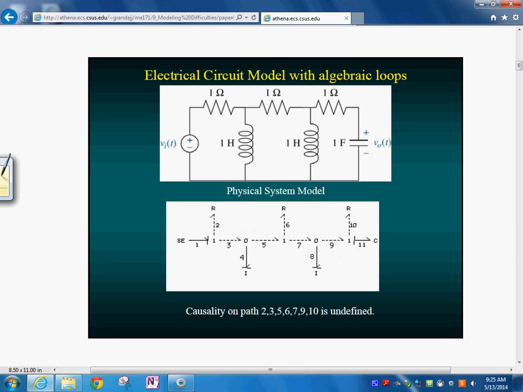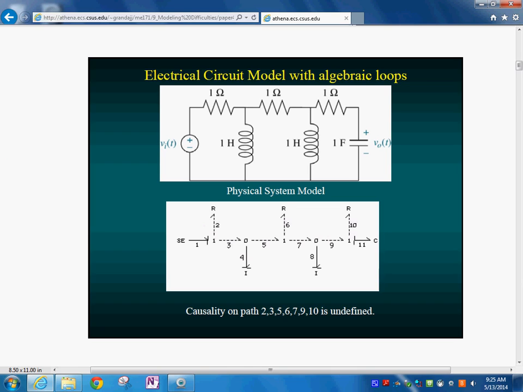So you see this causal path between 2, 3, 5, 4, 6, 7, and 9, and even 10 is totally undefined. This situation we did not encounter before in any example that I gave you.